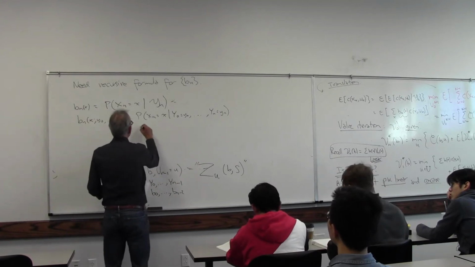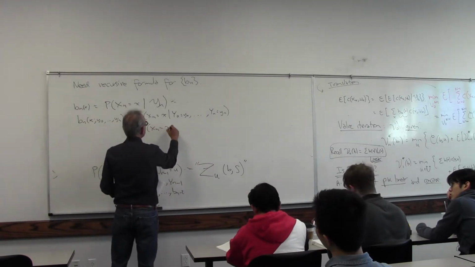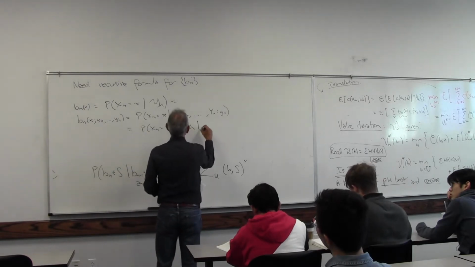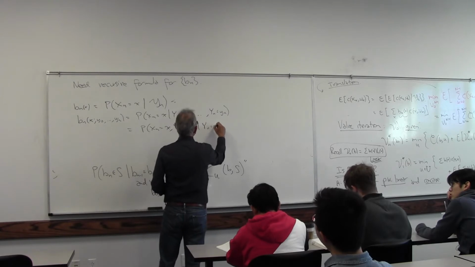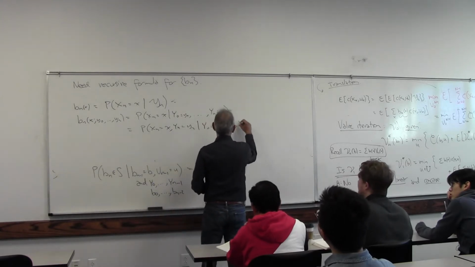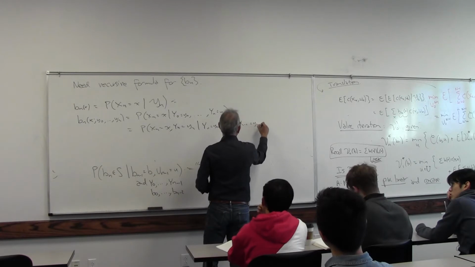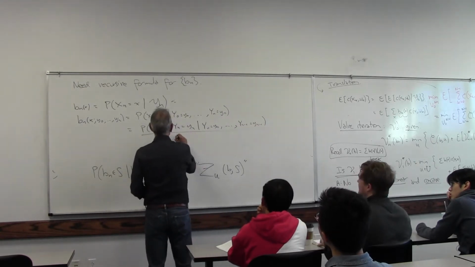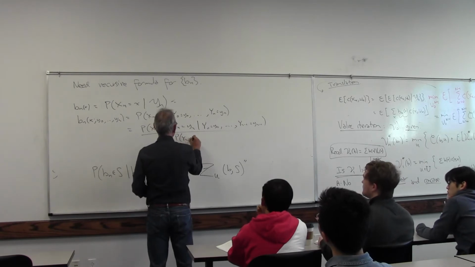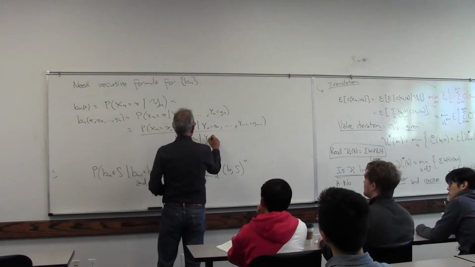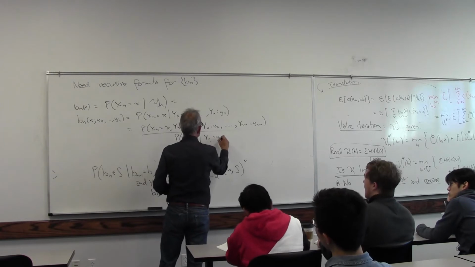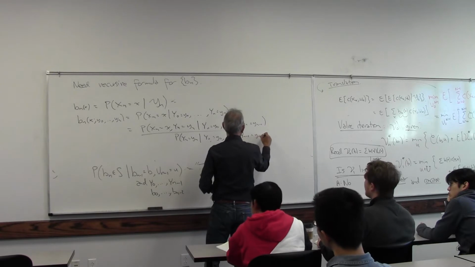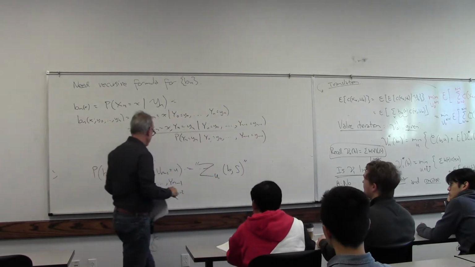This is a probability that xn equals x and yn equals little yn, and then divide by this probability. Okay, I'll kill this.